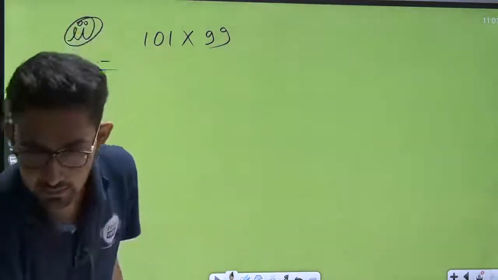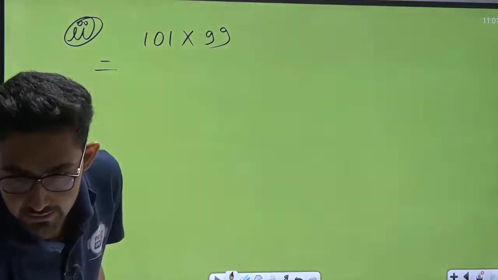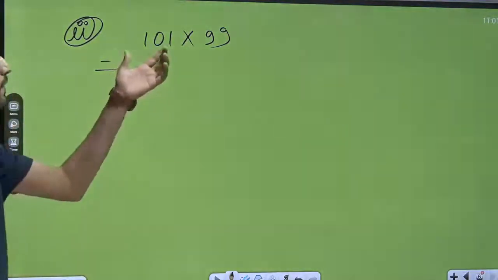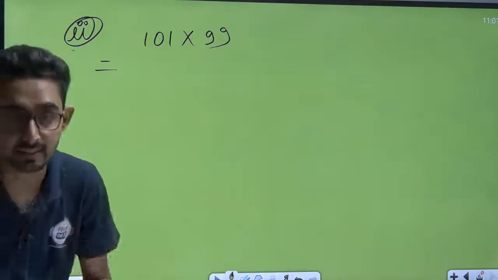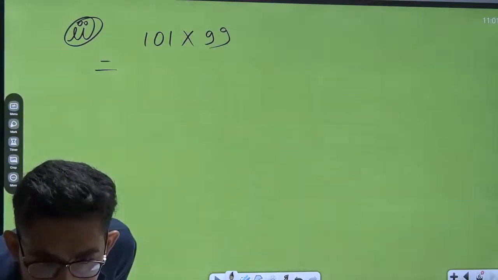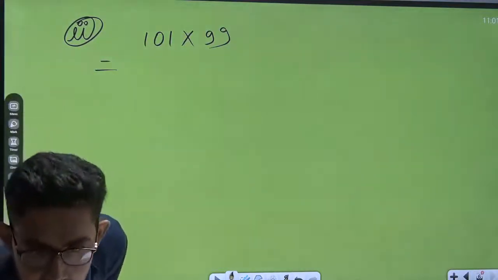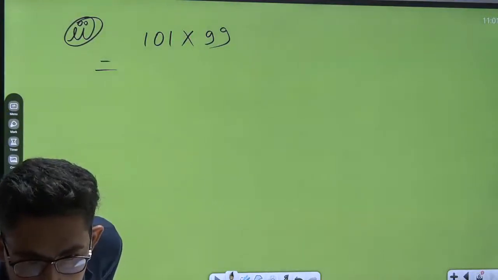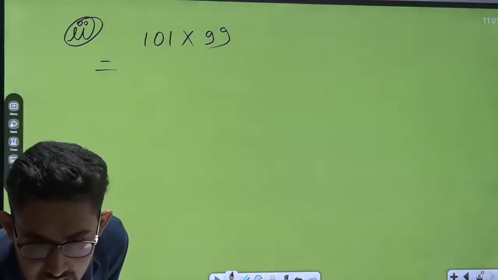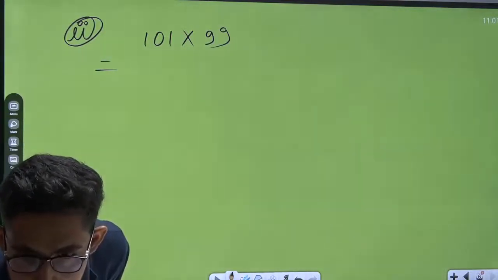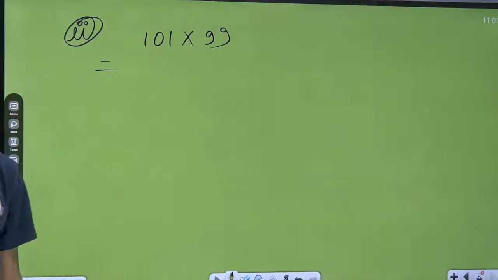The next question says 101 multiply 99. Now think again, which is the number that we can write as plus 1 and minus 1? Yes, what's your name?